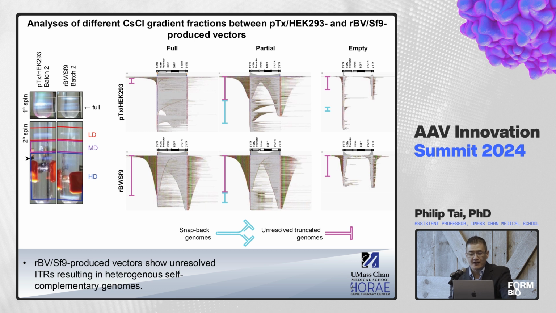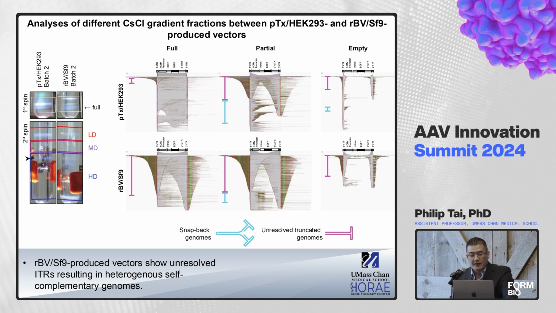The second thing we found was that when you compare the full fractions from the HEK preps versus the SF9 preps, we see that the SF9 preps have a high degree of heterogeneity. And again, based off of what we saw by IGV display, we saw something that was actually very different from the double-strand truncated forms that we observed within these two populations.